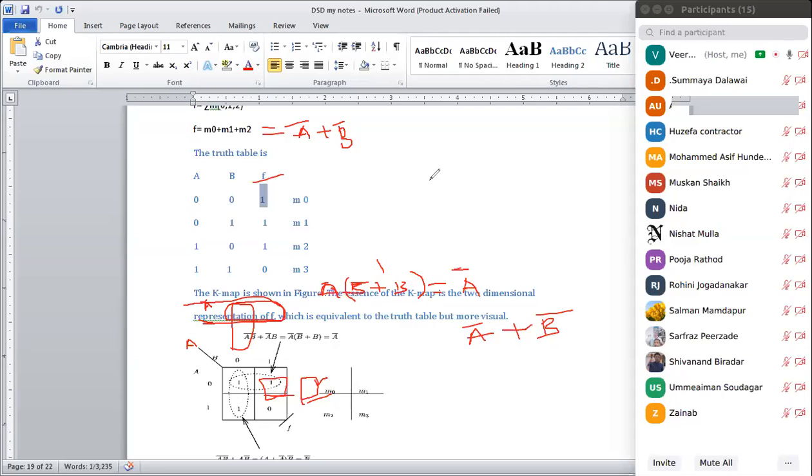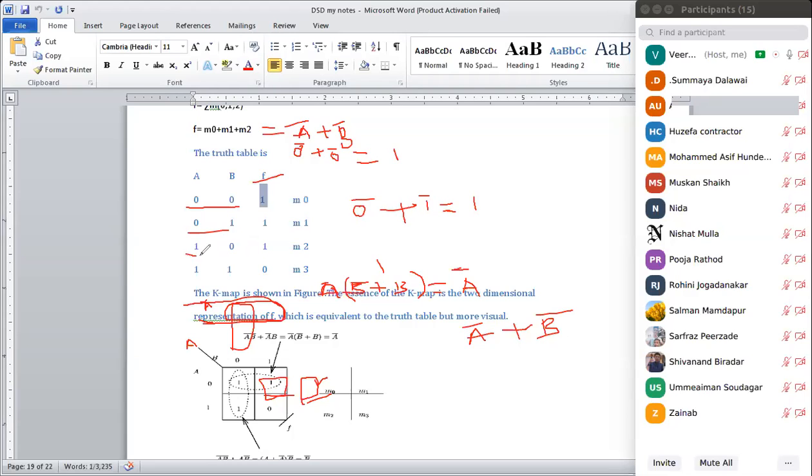Okay, so let us take some examples. A bar plus B bar. First insert this 0 0. What will happen? 0 bar plus 0 bar. What is the output? 1. Okay, then 0 bar plus 1 bar. So what will I get? I'll get 1.